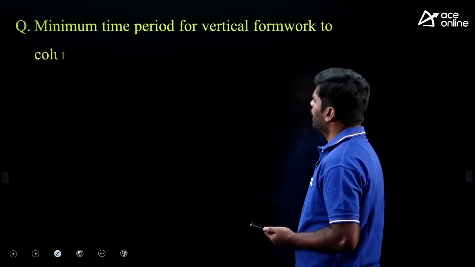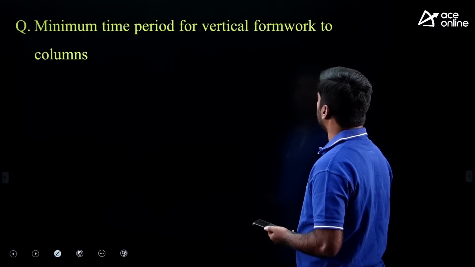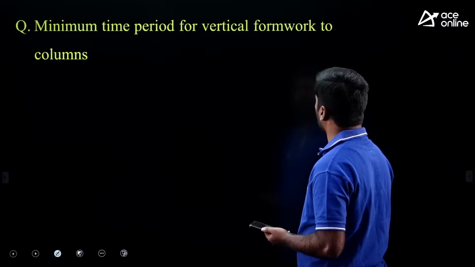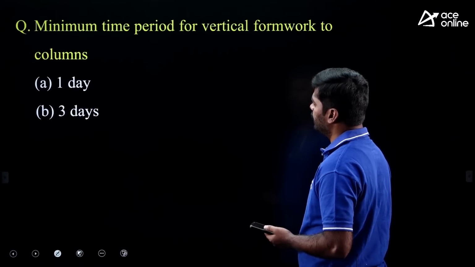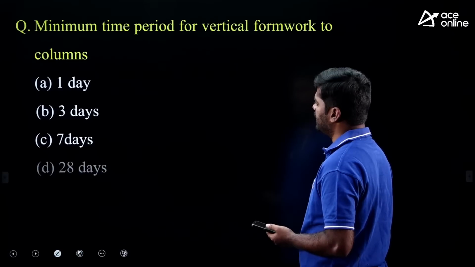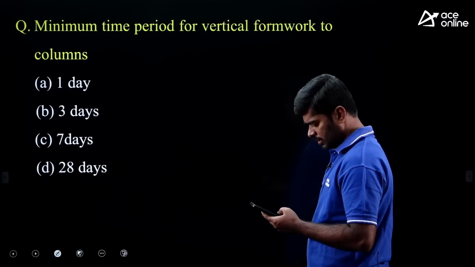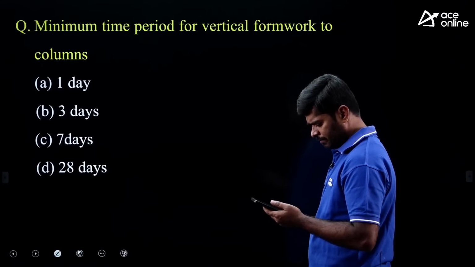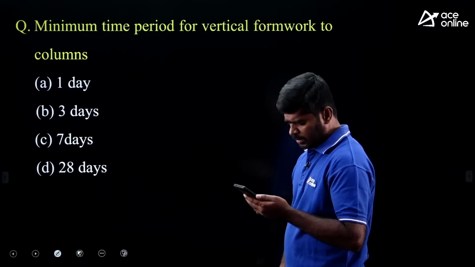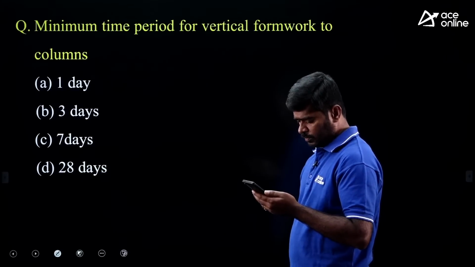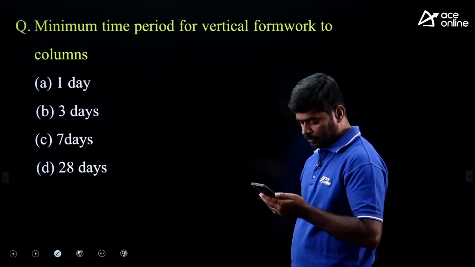Be ready. Minimum time period for removing vertical formwork to columns. Given here options: A, 1 day, B, 3 days, C, 7 days, D, 28 days. Come on, my dear. Chandu, which option is correct?